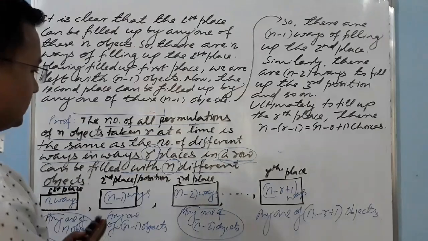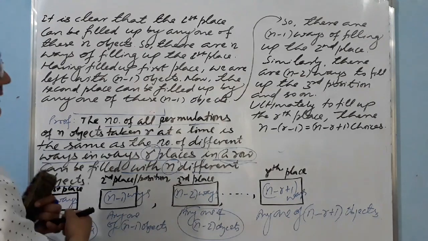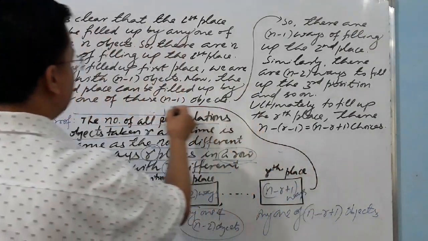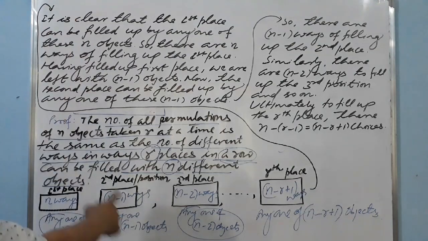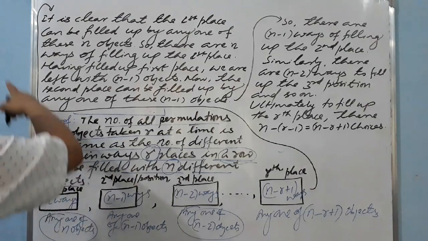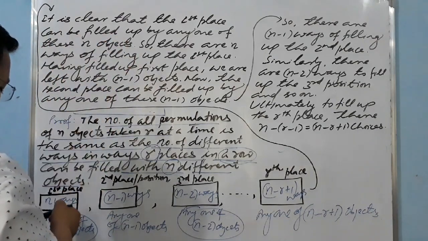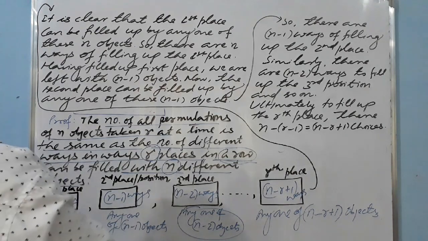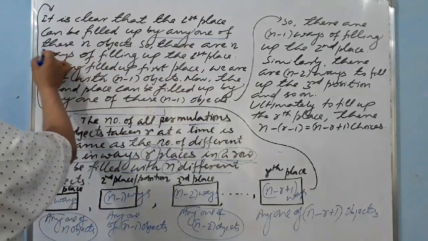All right, now see here, all things I have written in sentences, the same thing that I have explained. It's clear that the first place can be filled up by any one of these n objects.